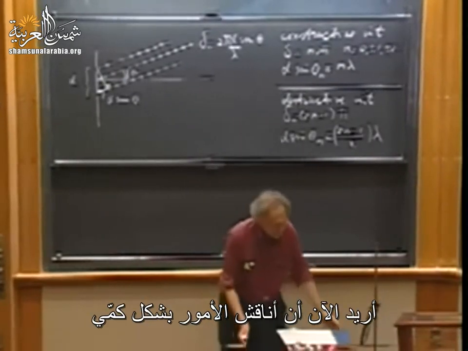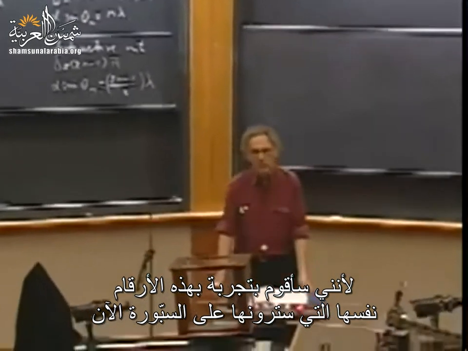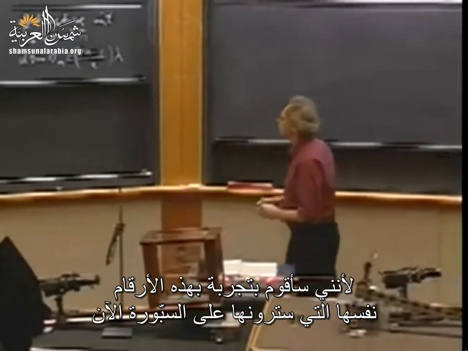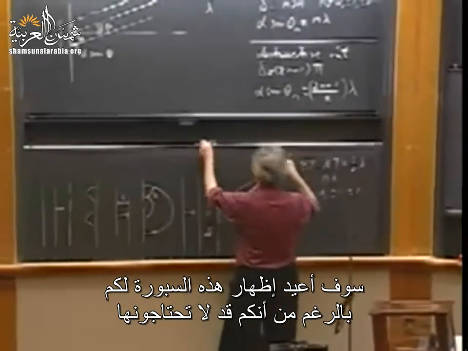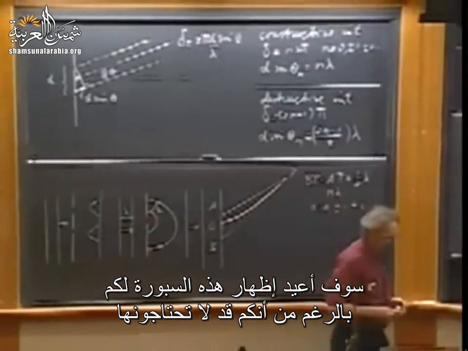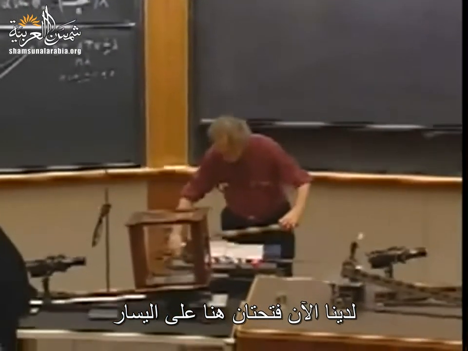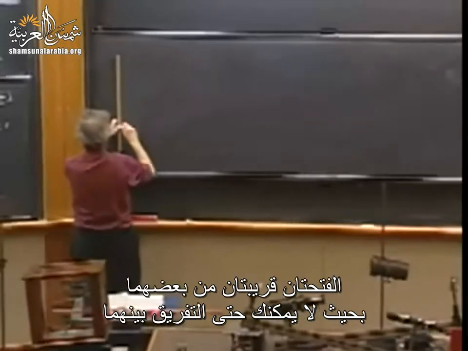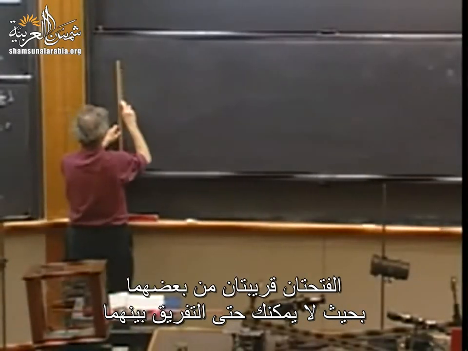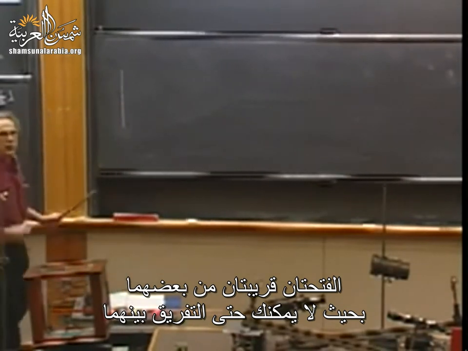Now I want to be quantitative, because I'm going to do a demonstration very much with the numbers that you're going to see now on this blackboard. So we now have the 2 openings all the way on the left here. And they are so close together that you can't even separate them anymore.